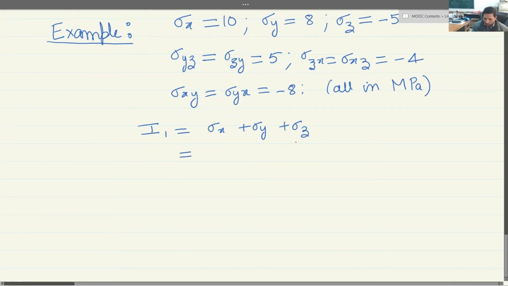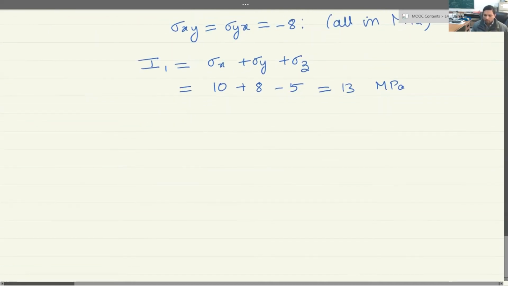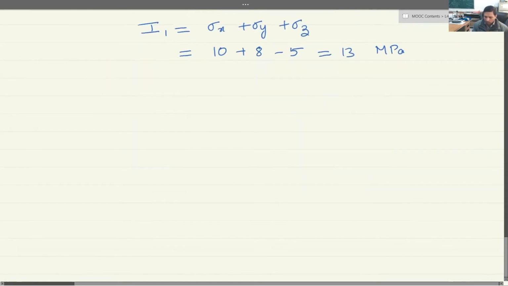So here these are given. So this is 10 plus 8 minus 5, which is equal to 13 MPa. Actually, I would not write the units because there will be some square terms, so there it will become megapascal squared. We will assume that the units are consistent with each other.